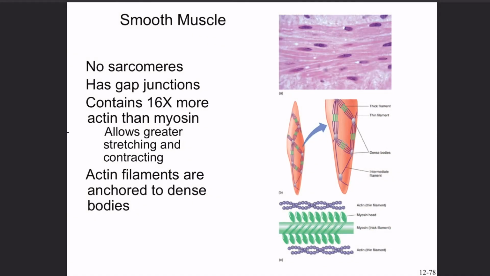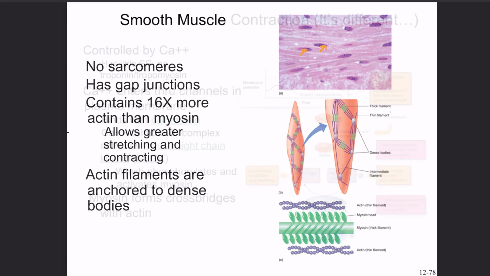Smooth muscle have no sarcomeres, but they also have gap junctions. And so they're also able to send action potentials laterally, cell to cell, as they are attached together. They have way more actin than they do myosin, which allows for more stretching and more contracting.